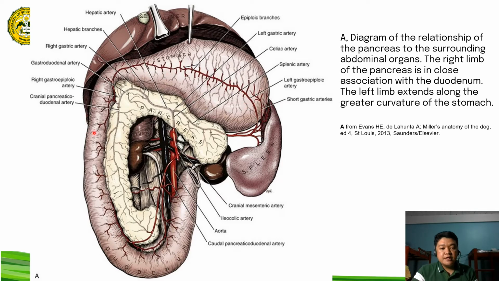We also have here the right lobe of the pancreas that is closely associated with the proximal duodenum, or the descending duodenum. Other landmarks that can be found in the figure are the liver, the gallbladder, and the spleen.